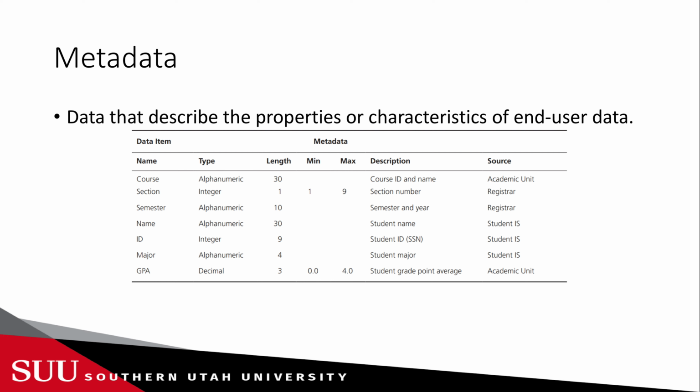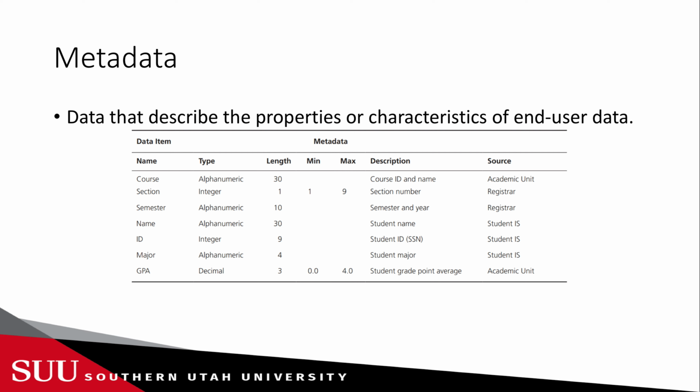So if we look at this, it's kind of telling me what the data should be, but what's the content? No, it doesn't tell me. So it says, okay, if you have a course name, it's going to be alphanumeric, and the length of the course name is going to be 30 characters, and this part of the data is going to have the course ID and name, and it's going to come from academic unit, while if we have section, it's going to be a number, and it's going to be a single digit ranging between 1 and 9, and it's going to contain the section number, and it's going to come from the registrar.